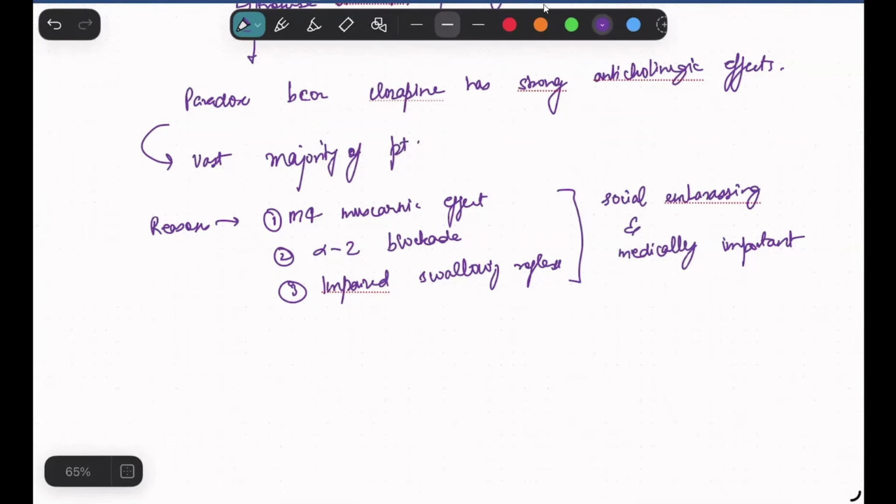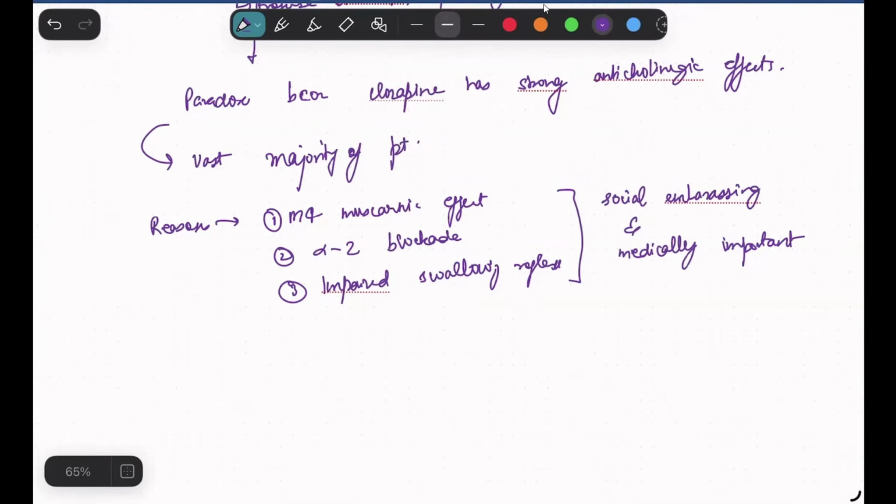And one of the common fatal side effects of clozapine is constipation, which can lead to paralytic ileus, and it has a very high mortality. So if we give a systemic anticholinergic like glycopyrrolate, it could further worsen the constipation.